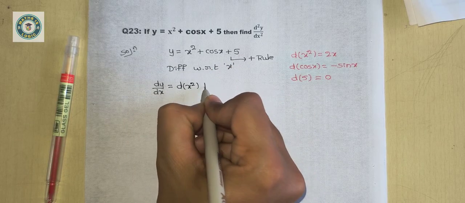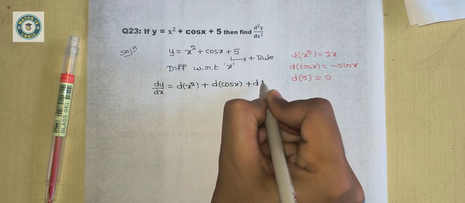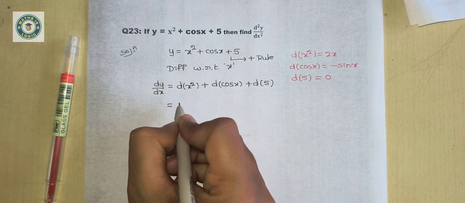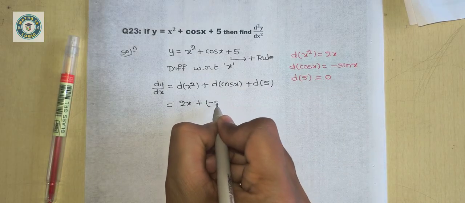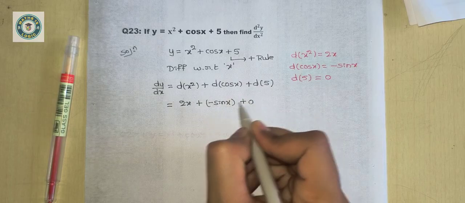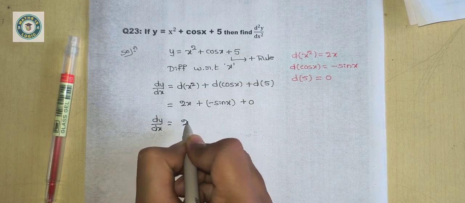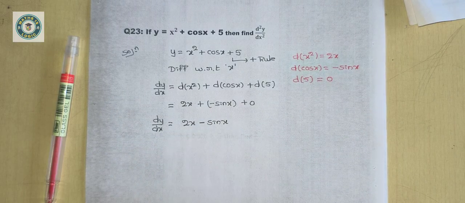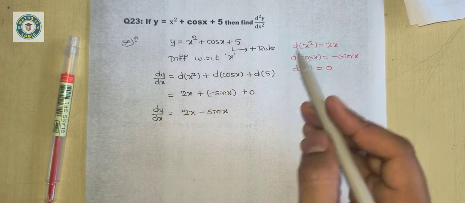Differentiation of x square plus differentiation of cos x plus differentiation of 5, which is equal to x square differentiation 2x plus cos x differentiation minus sin x, in bracket you write, plus 5 differentiation goes to 0. Therefore dy divided by dx is equal to 2x plus into minus is minus sin x.